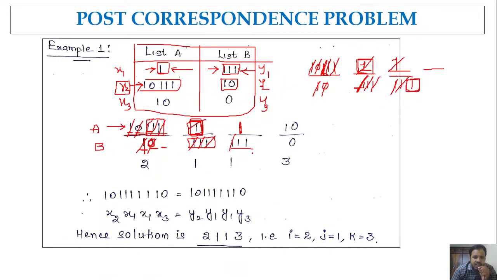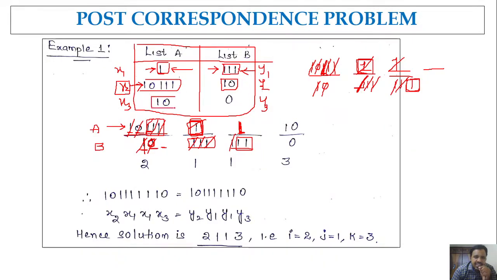Now here we are having 1, and in the denominator part we are having 2 ones. So while selecting the next sequence of strings, the numerator must have the 2 ones. Already this one we are having, so in the numerator we must get 1 1.